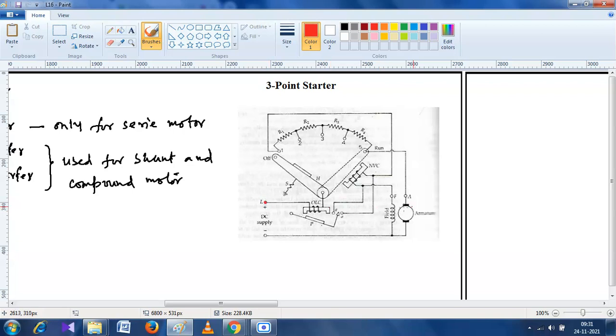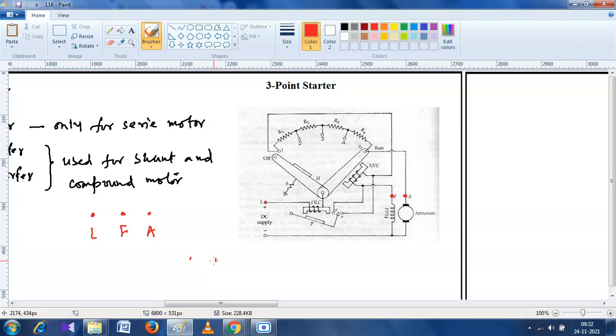This is a point, this is another. There are basically 3 points: one is called L, another is F, and another is A. That's why the name of the starter is 3 point. Or say in practical you can see there are three terminals in the starter.